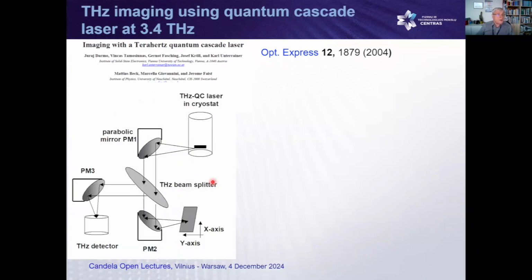What they used here is a quantum cascade laser placed in a cryo system, and then parabolic mirrors and detectors. It was also a cooled detector. The idea was to show in principle how it is possible to apply terahertz quantum cascade lasers for imaging, and the question is the quality.